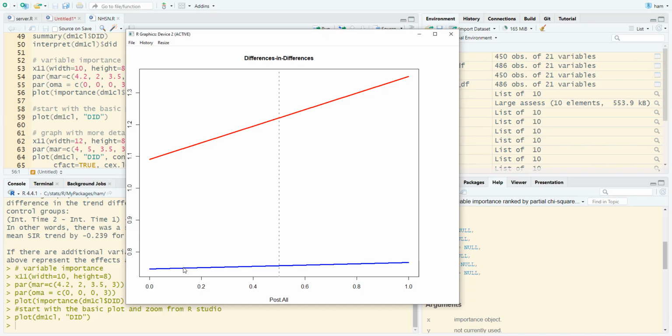And so we can see a pre and post trend for our two groups, our intervention group in blue and our control group in red. We can see for the most part it appears that our intervention group's CLABSI SIR stayed about the same.